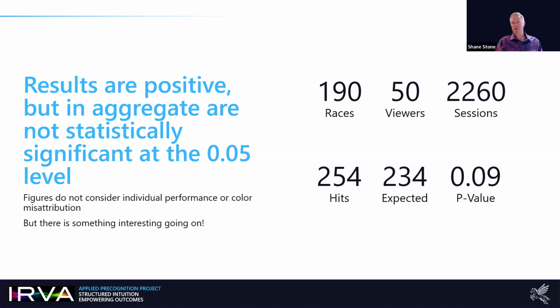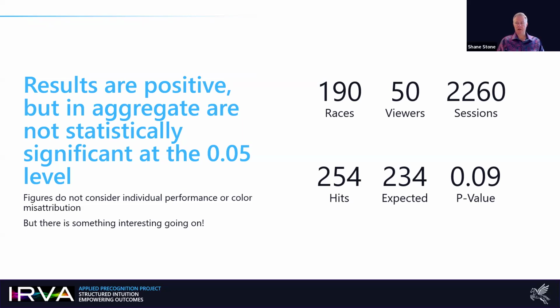That's 2,260 individual sessions over those races, of which there's been 254 hits. The expected number of hits was 234, so it's doing better than expectation. But for those of you who understand statistics, the p-value is currently sitting at 0.09 across all races.